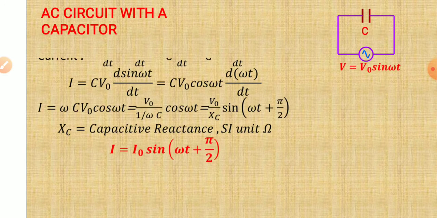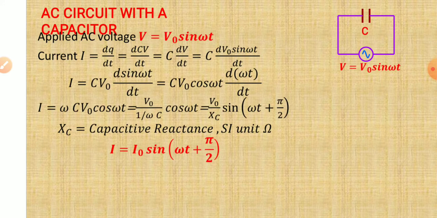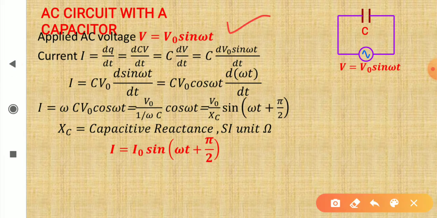Here capacitor is connected to an AC source. The applied voltage is V is equal to V naught sine omega t, and you know that current I is the rate of flow of charges, so dq by dt, and q is equal to CV. So in place of q I have placed CV, and capacitance C is constant, so it is taken out.